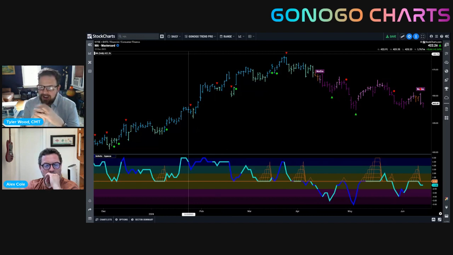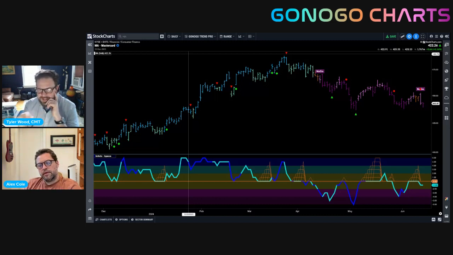Alex, the construction of GoNoGo charts works the exact same way to the upside as it does to the downside. So let's stick on this chart of MasterCard for just a second. And what I notice about the end of the Go trend back there in April, we made a max squeeze, broke higher, and then came back into the squeeze.